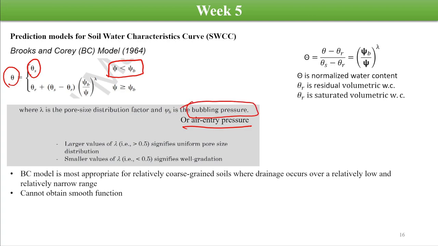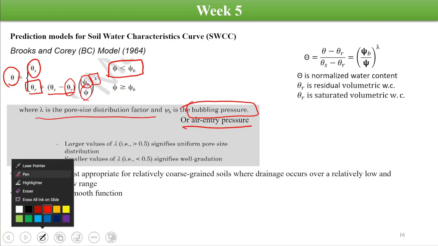And otherwise theta will be equal to theta r plus theta s, the volumetric moisture content at saturation, minus theta r, the residual volumetric water content, multiplied by psi b upon psi, the matric suction at a particular point, to the power lambda. Lambda is the pore size distribution factor, right?